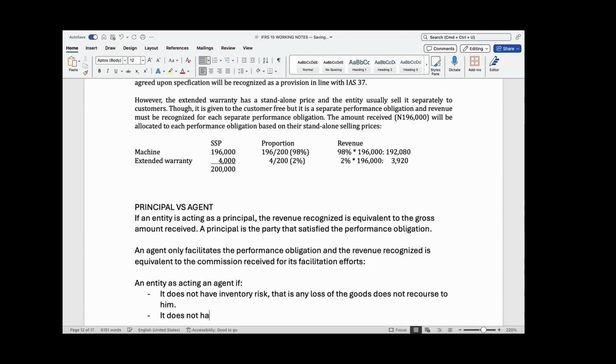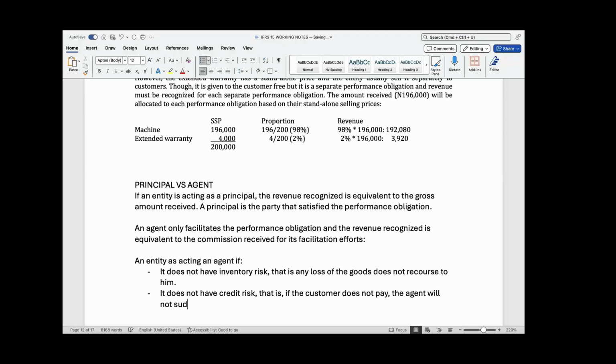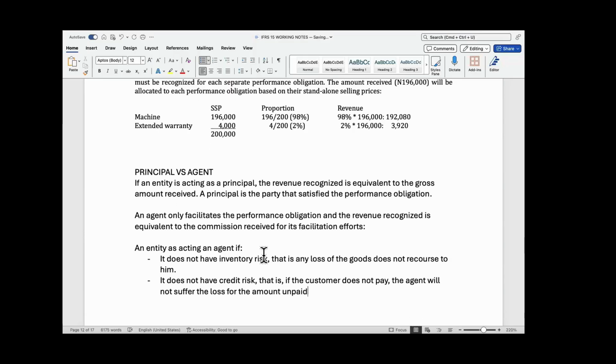And if he does not have credit risk, that is, if the customer does not pay, the agent will not suffer the loss for the amount unpaid.